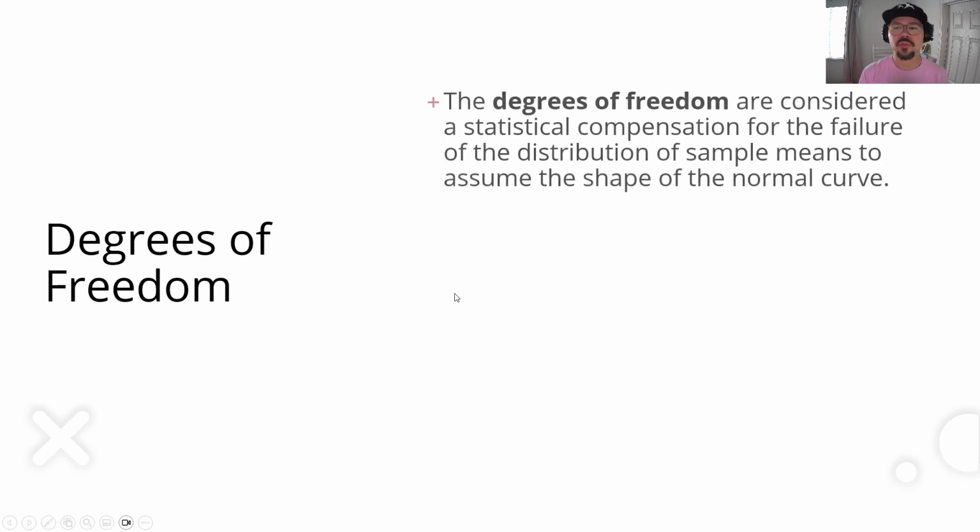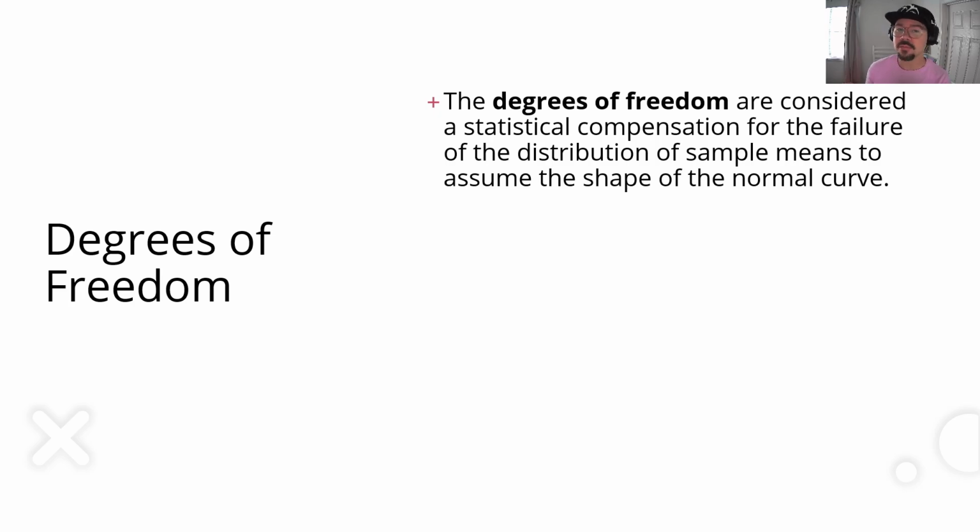And then degrees of freedom. The degrees of freedom are considered a statistical compensation for the failure of the distribution of sample means to assume the shape of a normal curve. Remember, I mentioned the idea with the central limit theorem that the more samples you take, the closer you get to infinity, the more your distribution approximates a normal curve.